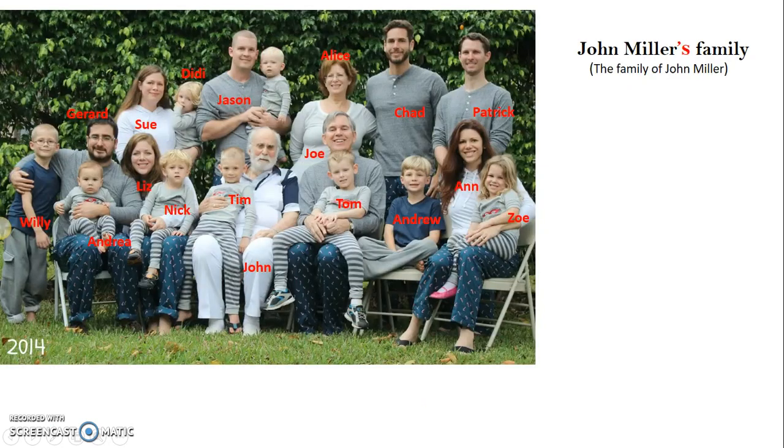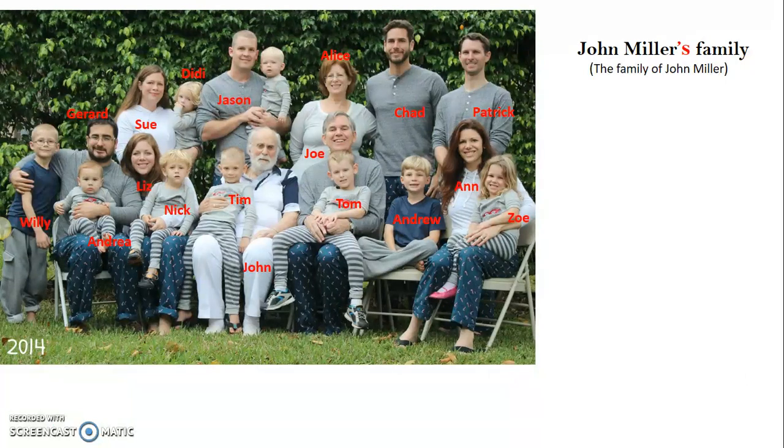Okay. Look at this family. This is a very big family, and this is John Miller's family. Yes, we can say John Miller's family, similar to the idea in Spanish, the family of John Miller.